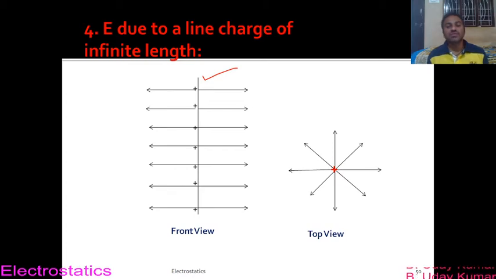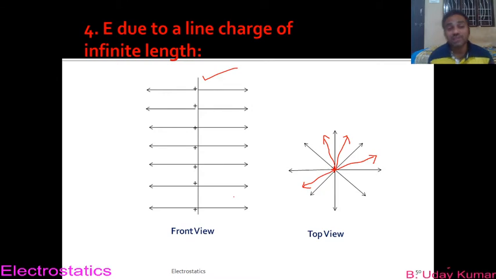I just have drawn a few lines here, but actually the electric lines of forces will be even in between, and they will be directed outwards, so that you try to understand. This is a line charge, and how the electric lines of forces of that line charge are traveling is seen in this slide. I hope it is clear.